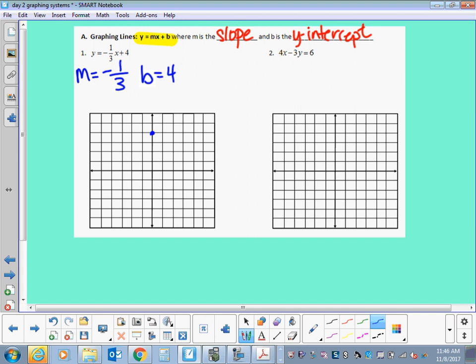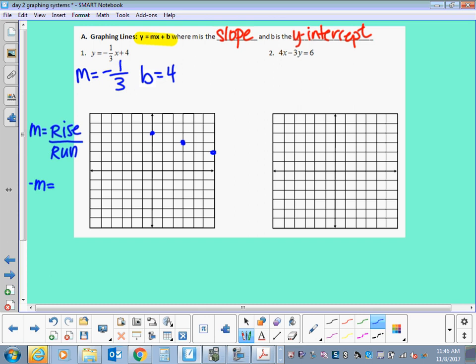Alright, my slope, I'm going down 1/3. So down 1, 1, 2, 3. 2 or 3 points should be fine just so you can make your line. But we know our slope is rise over run. If it's a negative, instead of rise, we go down, we fall.